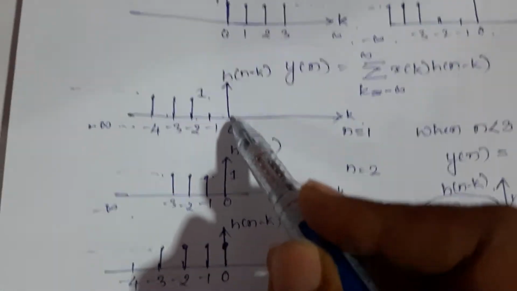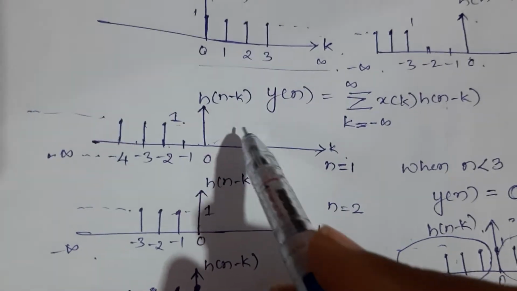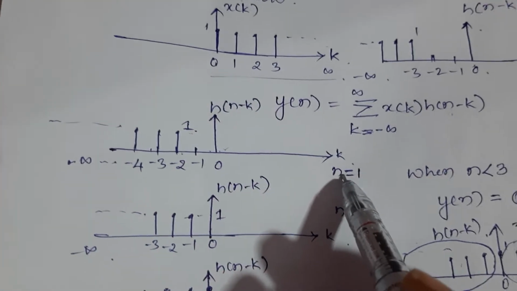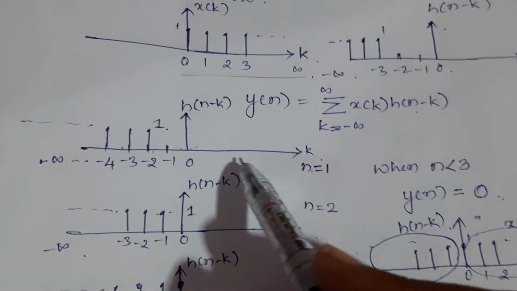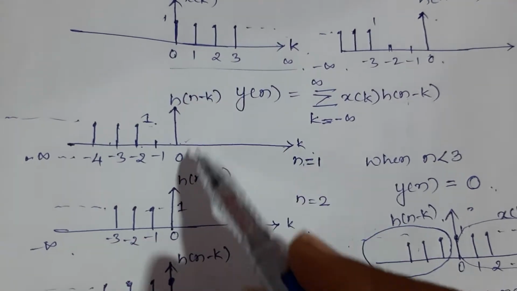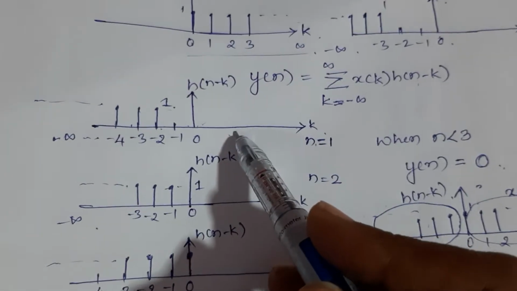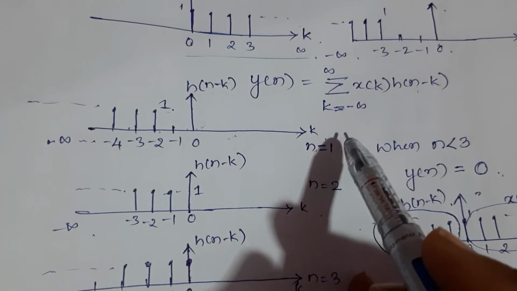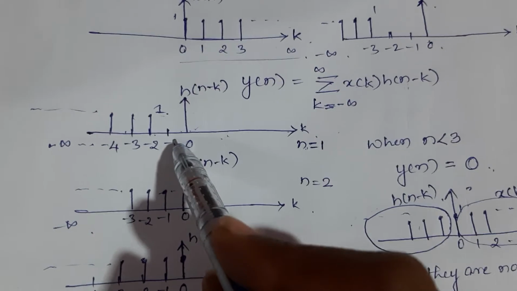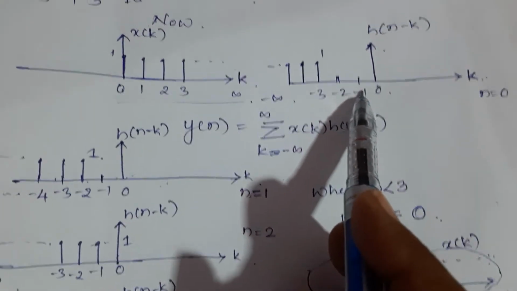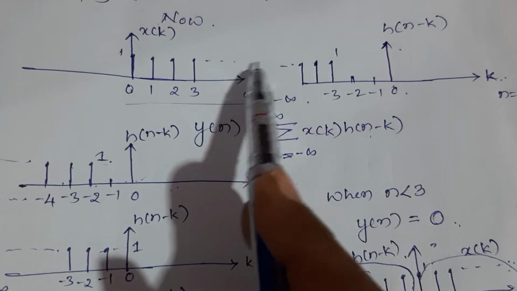Now we need to find by choosing what value of n I can make this multiplication non-zero. Now it's clear that when n is taking negative values, this h of n minus k signal is going to move towards the left.